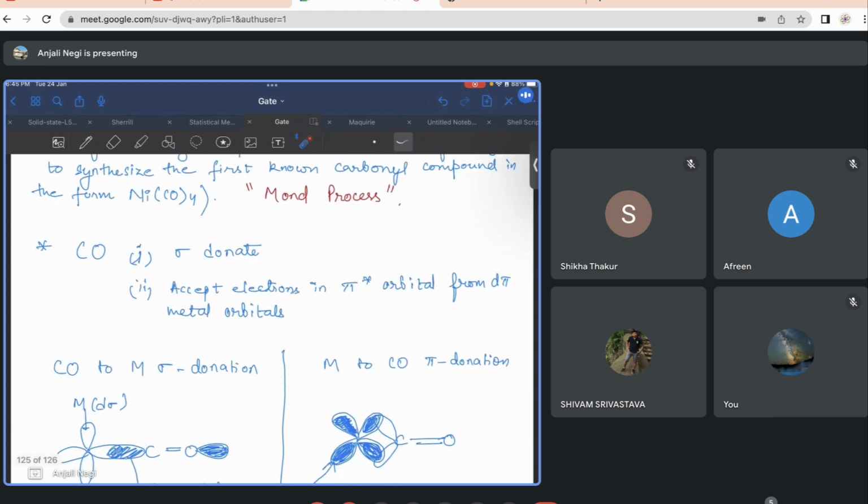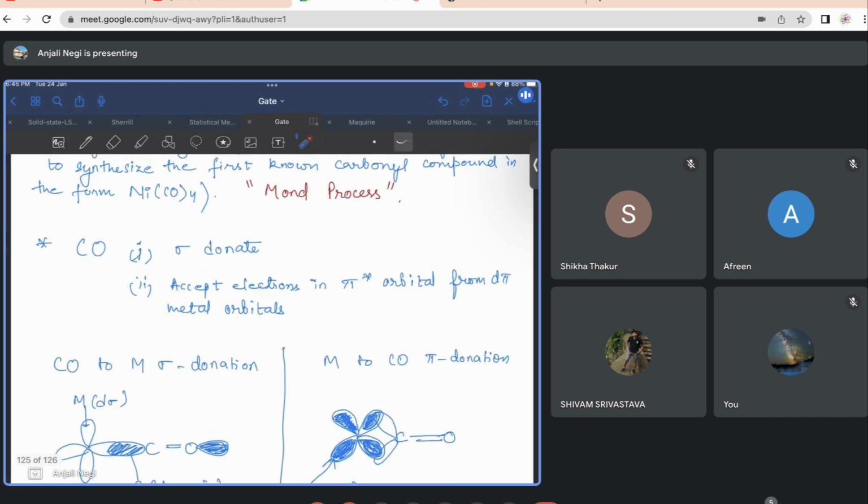Logically, if there is back pi bonding from the metal to the carbon, the carbon is accepting electrons from the metal.